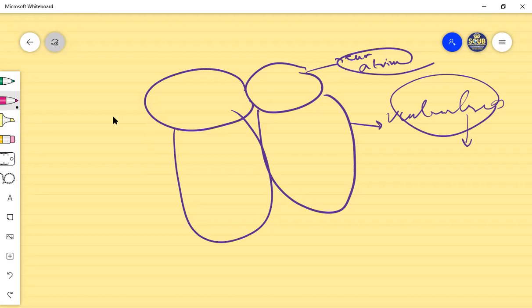Now he is talking about the conduction system of the heart. The heart needs electricity. We have electricity in our body.